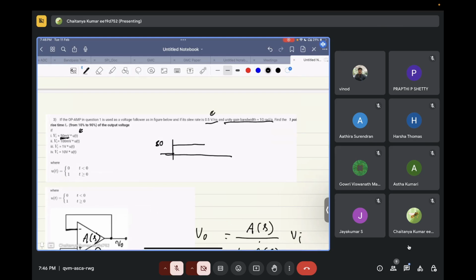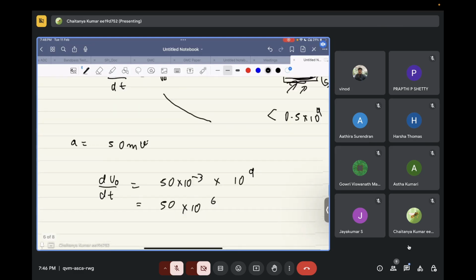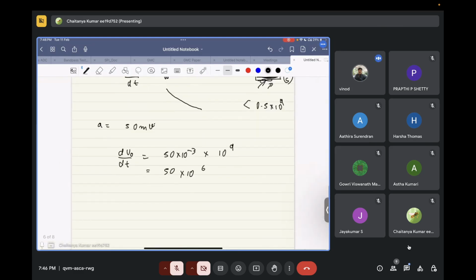Even for the maximum, for 100 millivolt also, you can see up to 1 volt also. At 1 volt, what will be the rate of change? dV naught by dt max will be equal to 10 to the power 9.